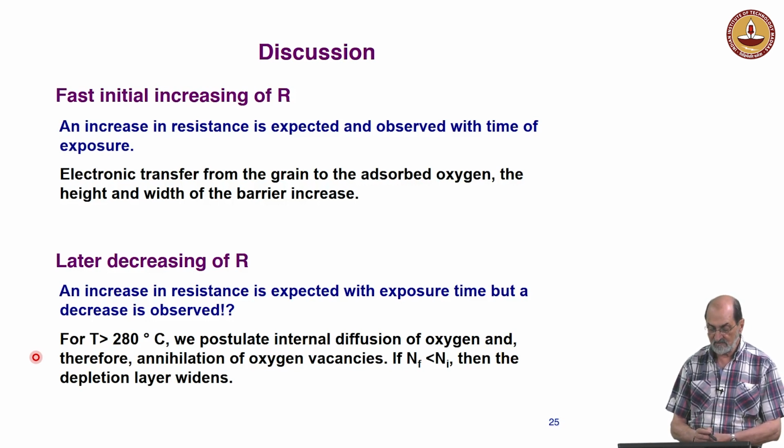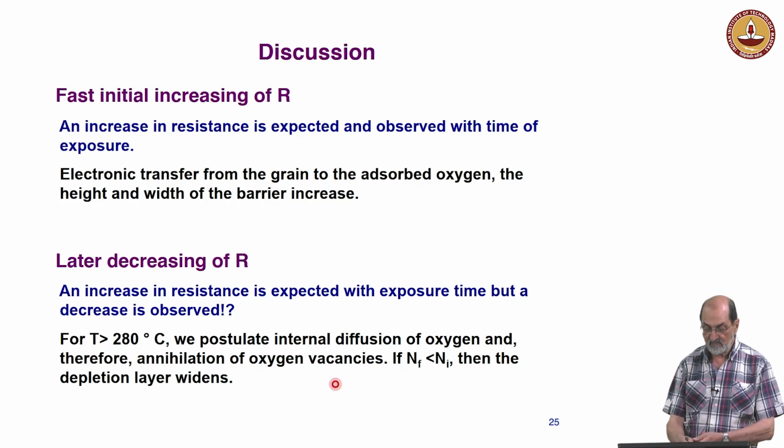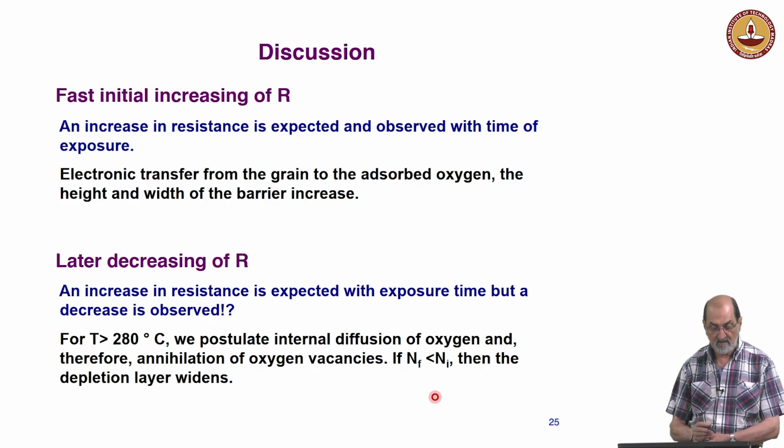And if the oxygen vacancies are annihilated, the doping becomes smaller. And if the final doping is smaller than the initial doping, the depletion layer widens. You see that the lower the doping, the wider the depletion region.